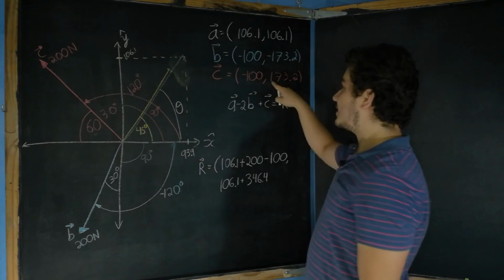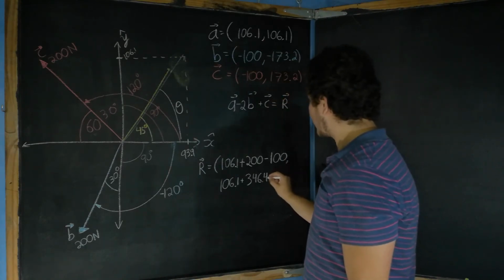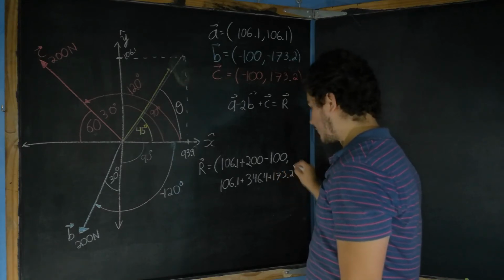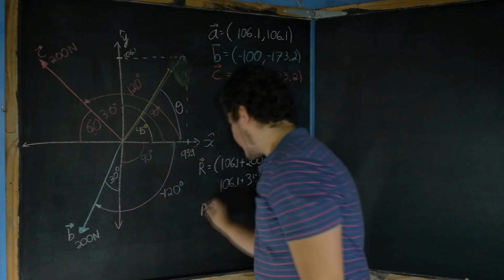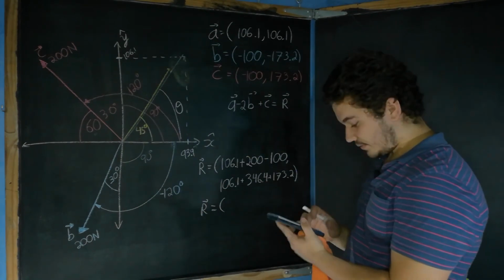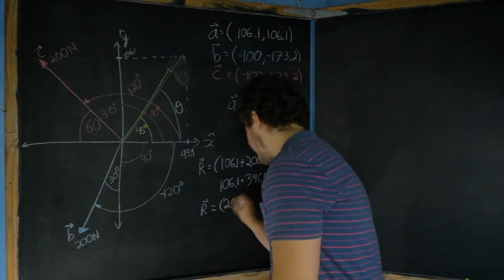And plus c, the y component of the vector c is 173.2. Okay, so we add this up and we will have r equal to 206.